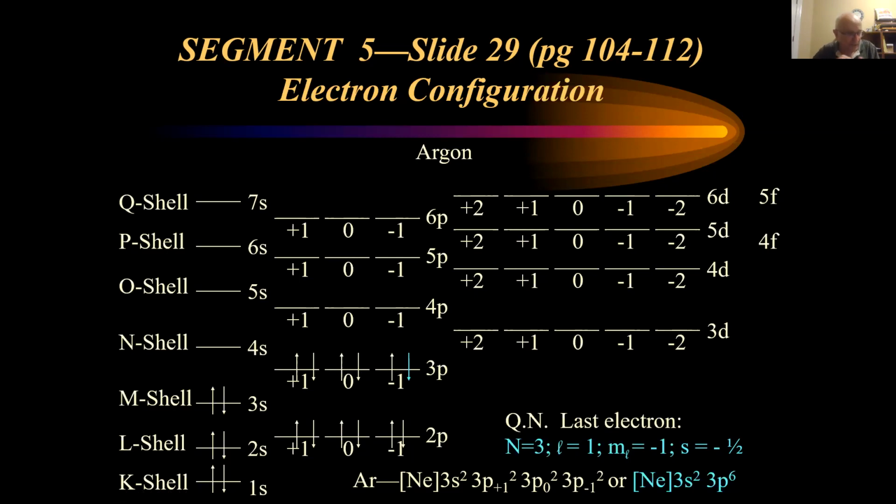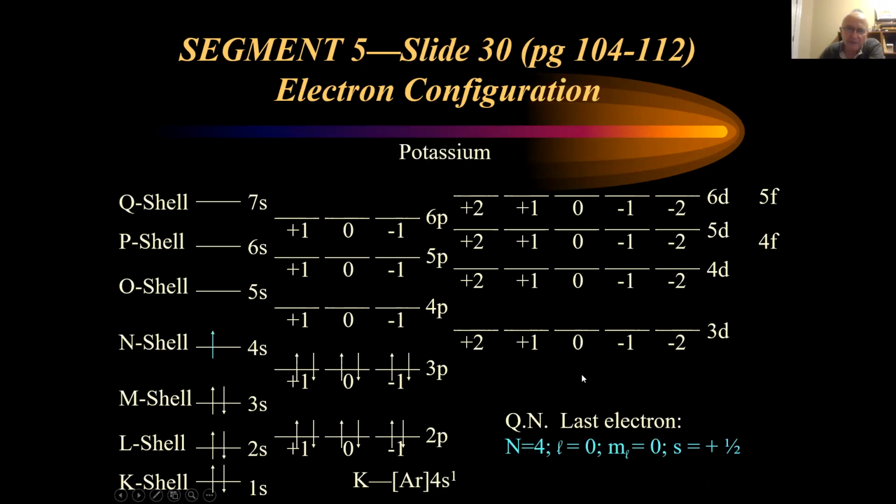So it is a spherical shape. Those atoms have a spherical shape on the outside, and that tends to be unreactive with 8 electrons on the outside. Again, real quickly, just to review, n is 3, l is 1, m sub l is -1, m sub s, spin, is -1/2. The next electron to go in is potassium.